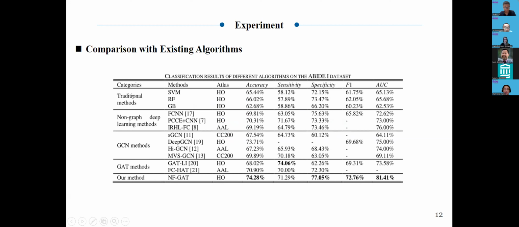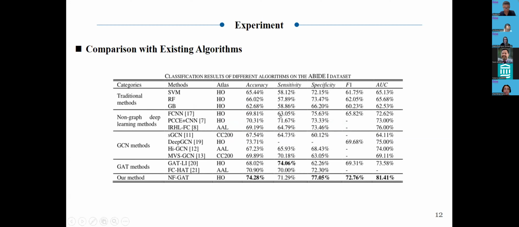Other models include traditional methods, non-graph deep learning methods, GCN methods, GAT methods, and our method. From this table, we can find that our method achieved the best results except sensitivity.